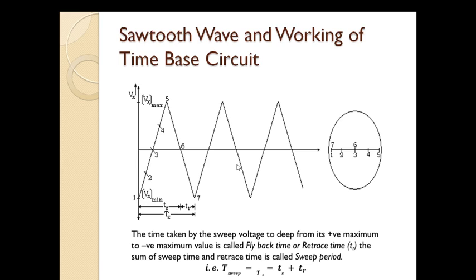So when this sawtooth wave is given to the X plates and the Y plates are not given any signal, in the absence of any voltage the spot would be exactly at the center of the screen. When we apply this voltage at point number 1, the voltage is maximum negative. So the plate on the right side is highly negative, and the plate on the left side is highly positive.